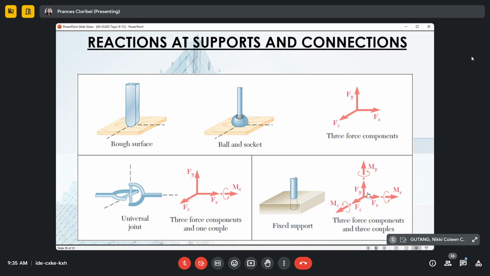So there are how many? 6 total unknowns. The magnitude of these three forces and the magnitudes of the components of the reaction moment or reaction couple generated by this fixed support nato.